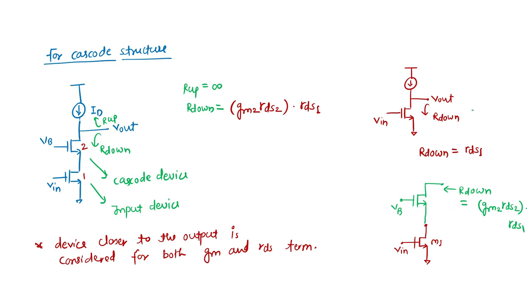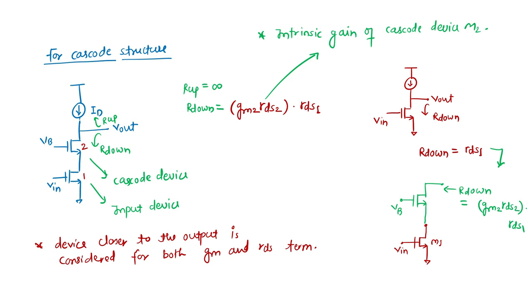So the previous R out is amplified with the intrinsic gain of the cascode device. This is the intrinsic gain of cascode device M2. So now R out is amplified.